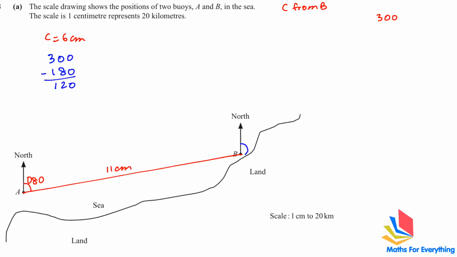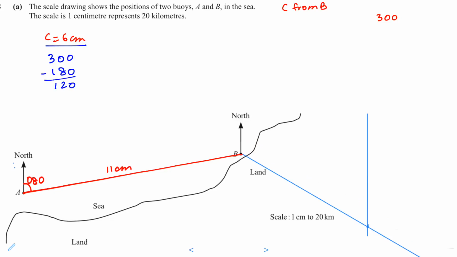So this angle here is going to be 120. With a protractor, first make an arc at 120 and then with a ruler mark 6 centimeters and draw the line. So this is 6 centimeters and this angle here is 120 and C is at this point.